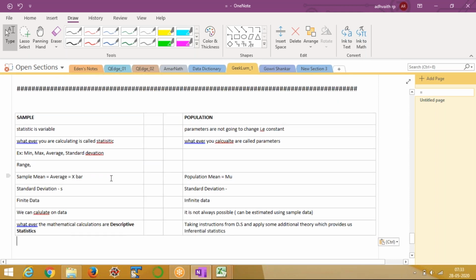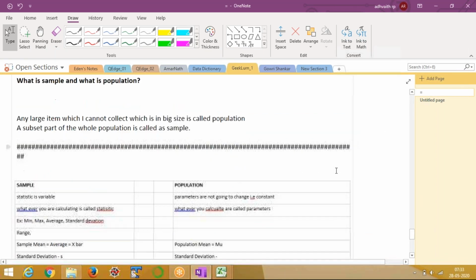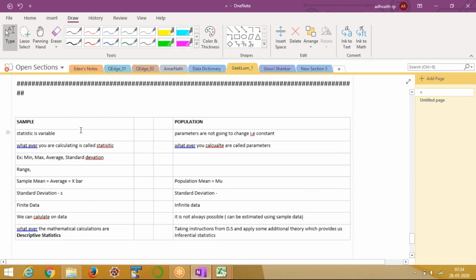Yeah, now this is fine, so that you can read directly. Now this looks better. So whenever you recall it, you can see those differences.